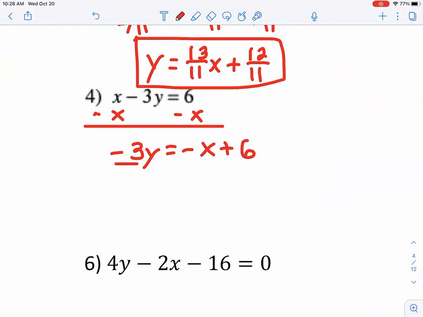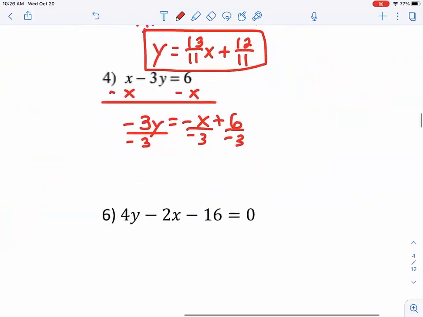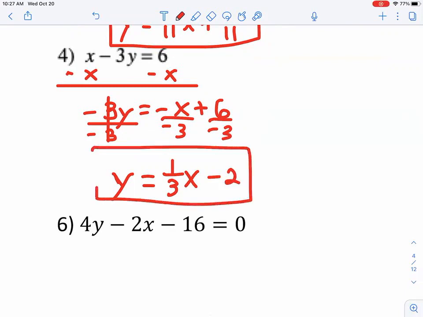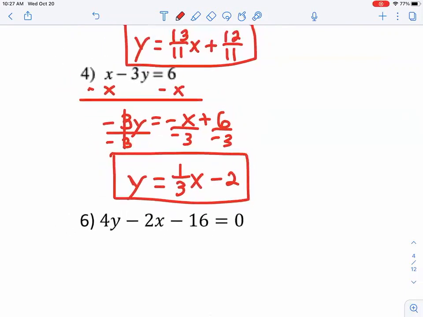Now we divide everything by negative 3. And we get y equals. Now this one looks a little weird. We have negative x over negative 3. So remember, negative x is like negative 1x. So that's going to be a positive 1 over 3x. And then 6 divided by negative 3 is negative 2. Right, very good.